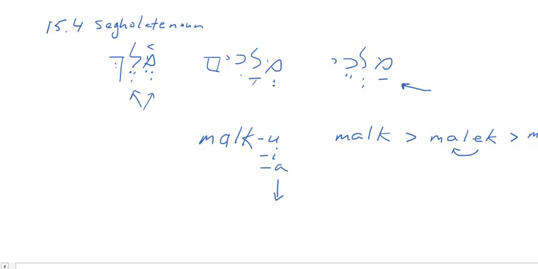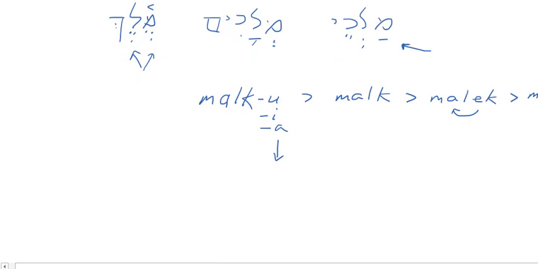So we ended up with melek. Okay? So that's where the double segol pattern came from. So malku became malk, lost case ending, break up the consonant cluster, malek, and then harmonize the vowel to melek. All right? So that's basically the pattern.